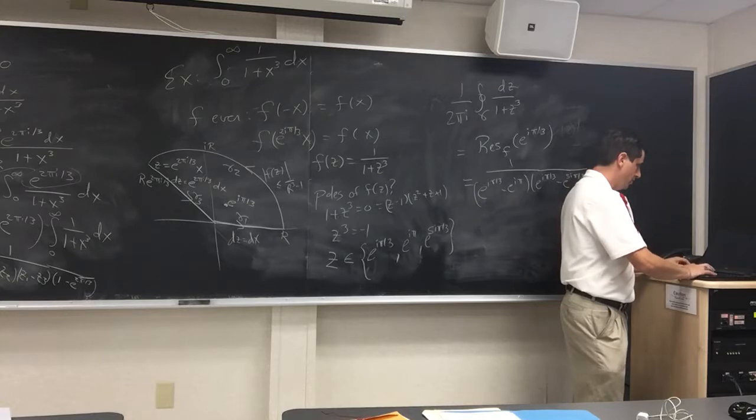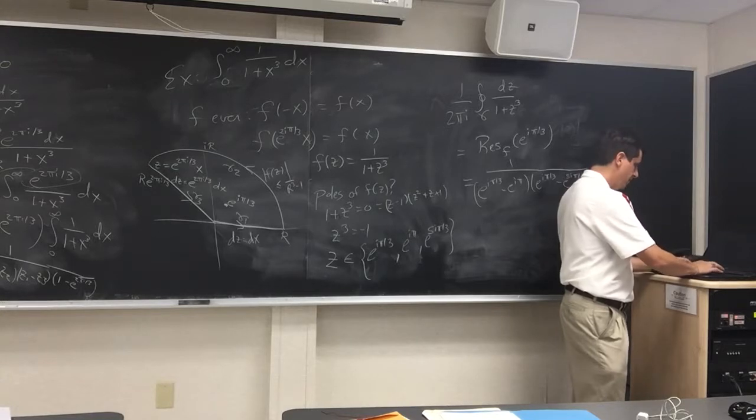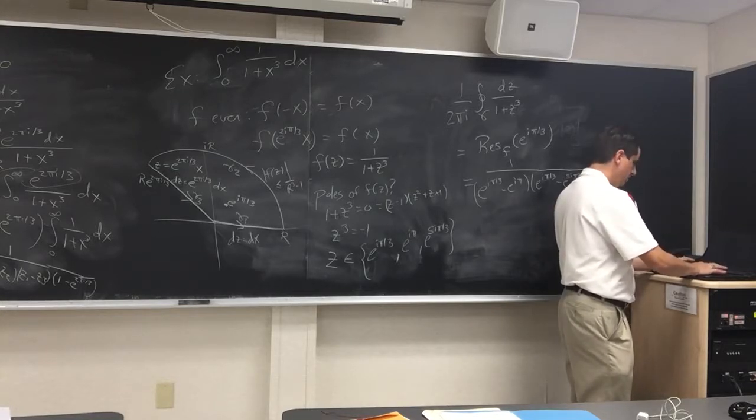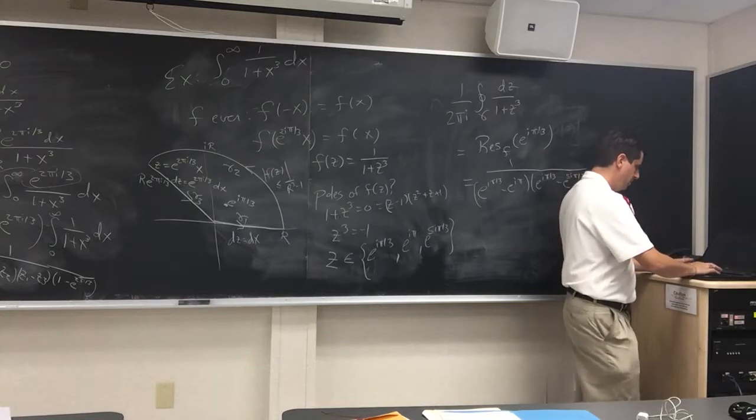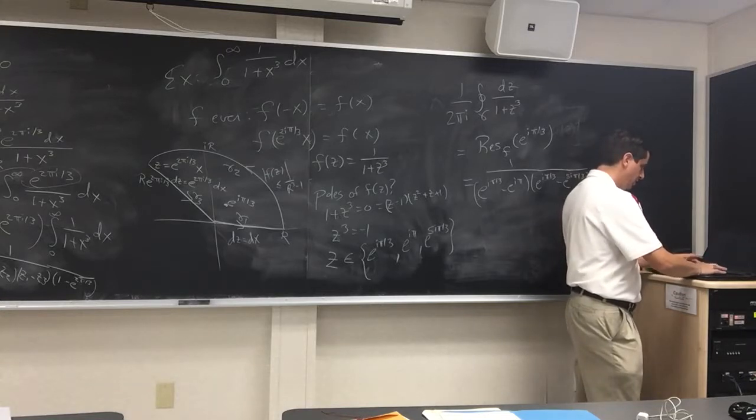So let's see. What was z1? z1 was exponential of i pi over 3. z2 was exponential of i pi. z3 was exponential of 5 pi i over 3.